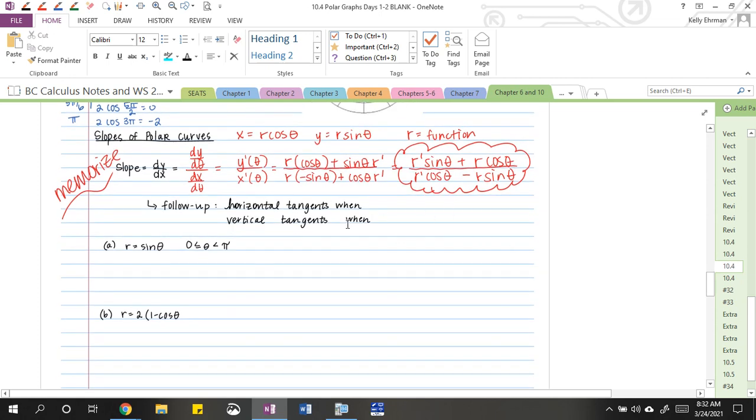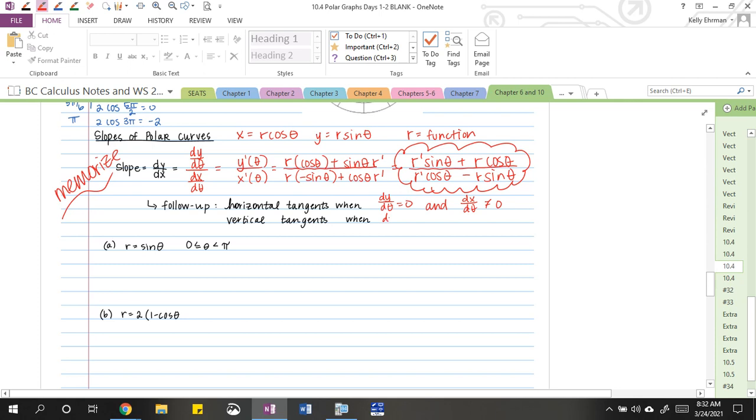Now, if we're finding horizontal and vertical tangents, this is important for the AP test. You need to check when, for a horizontal tangent, your numerator of dy/dx is equal to 0. In other words, dy/d theta equals 0, the y prime equals 0, but also we have to make sure that dx/d theta, the denominator, is not equal to 0, because if you get 0 over 0, that's one of those indeterminate forms.